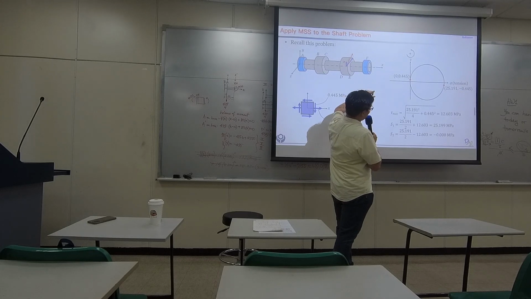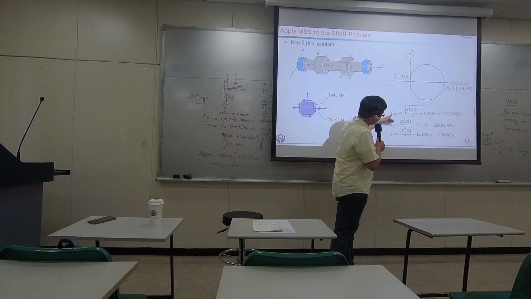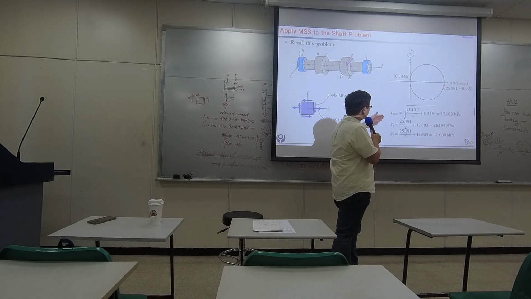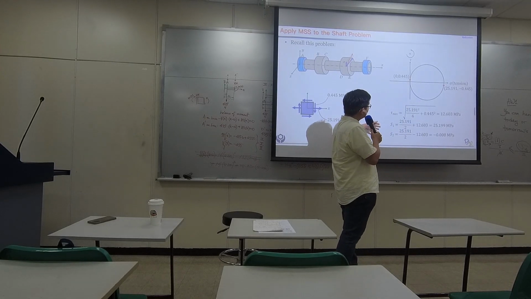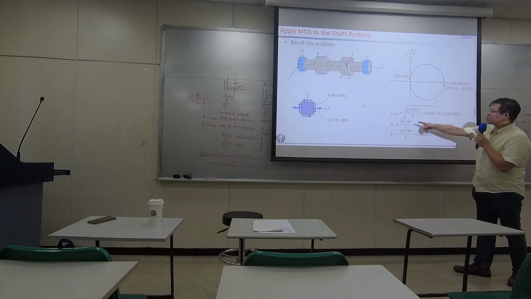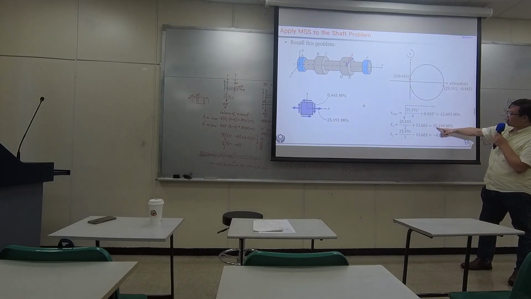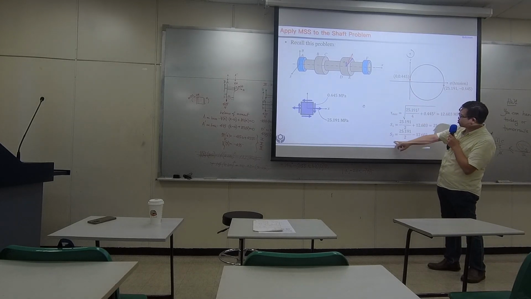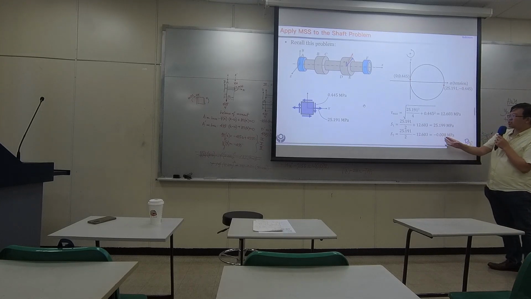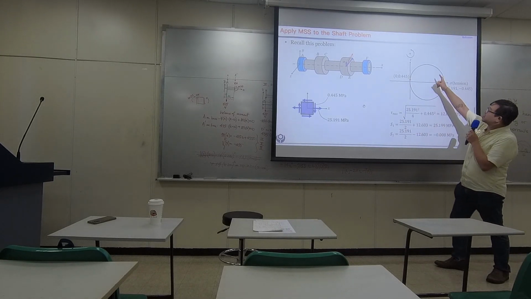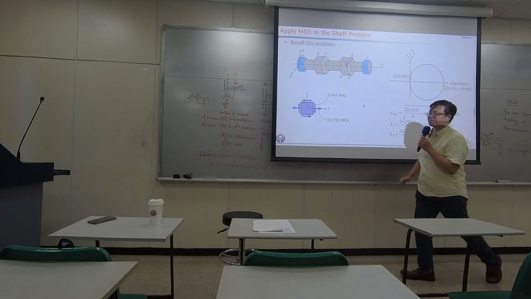By the way, you need to practice it because you need to know how to draw a Mohr circle in the exam. We computed these, and we know the maximum principal stress was 25. The smallest principal stress was negative, almost 0. Maximum shear was 12.6 here, the radius.